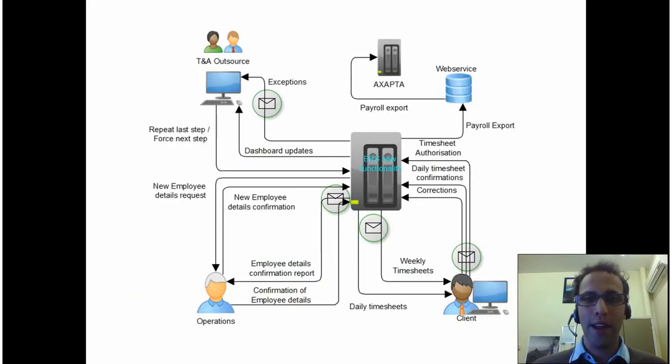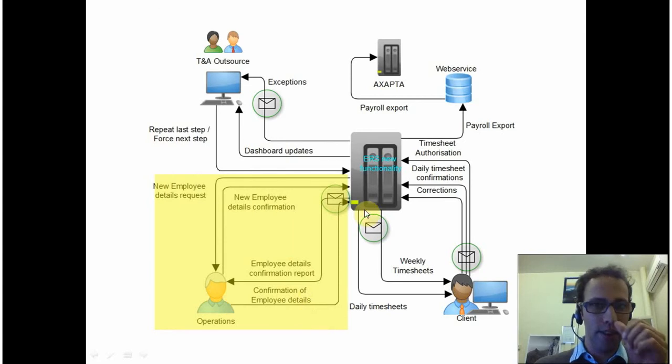So carrying on, if you did watch the previous tutorial video on how to use the daily timesheets, you will recognize this diagram. We're not talking about the timesheets, we're obviously talking about employee confirmations. As you see here, there are 2 reports that will be emailed from the system. The system will make a report of new employees, send it to operations or to the client.